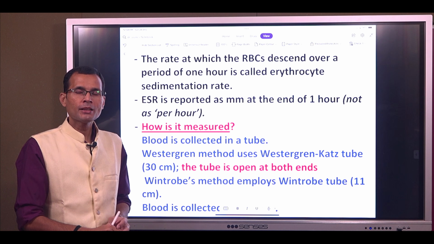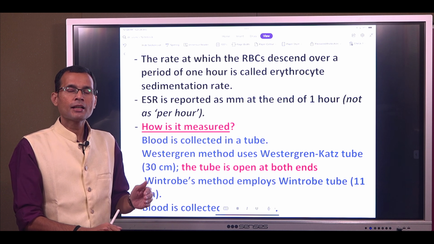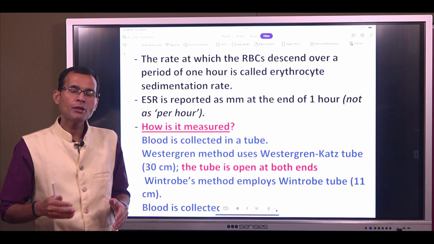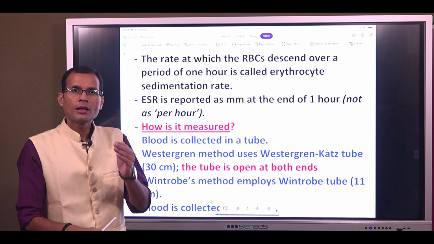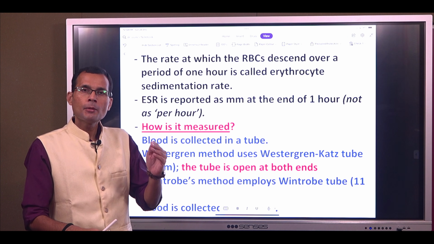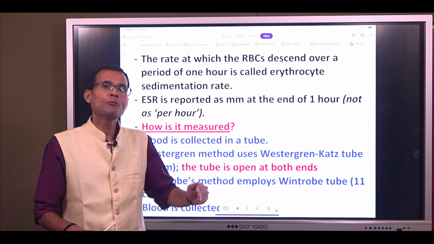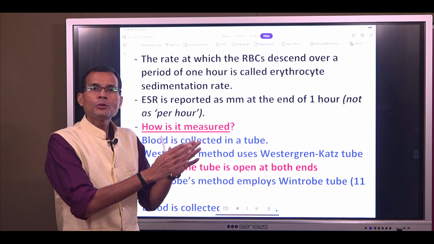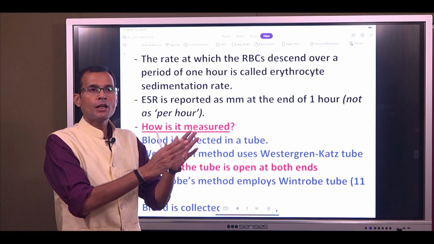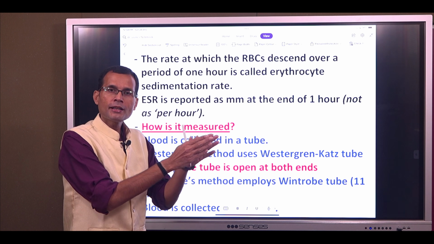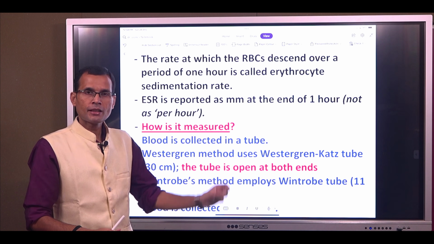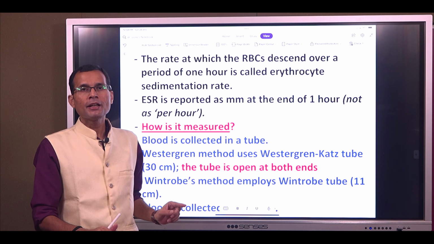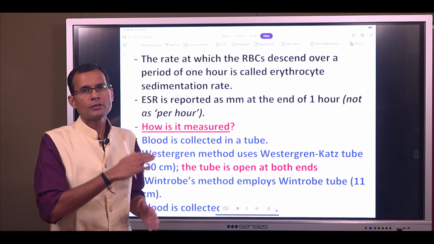Very often students make the mistake of saying it is ESR in millimeters per hour. No, the ideal way of reporting is ESR in millimeters at the end of 1 hour rather than saying per hour, because we are going to keep the ESR tube for exactly 60 minutes, and then the observation will be made at the end of 1 hour, and that will be the final reading.